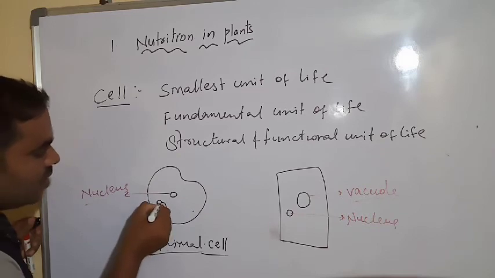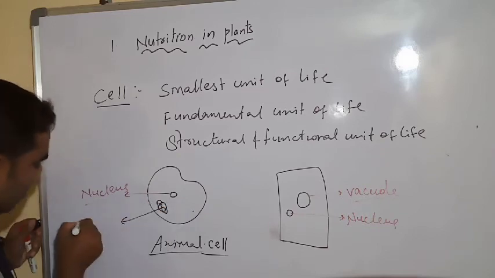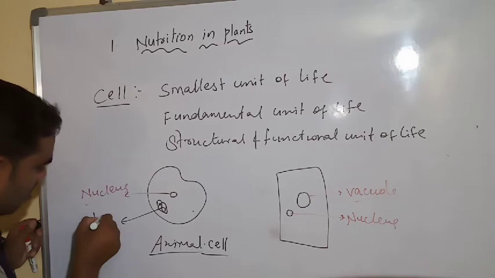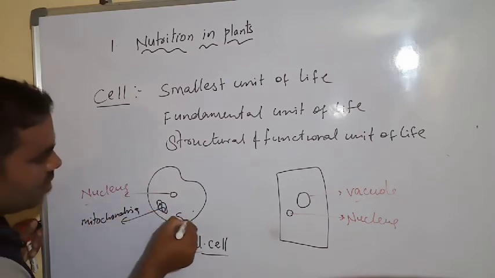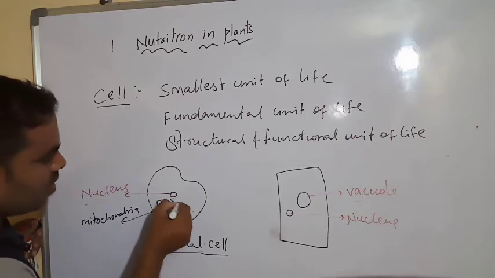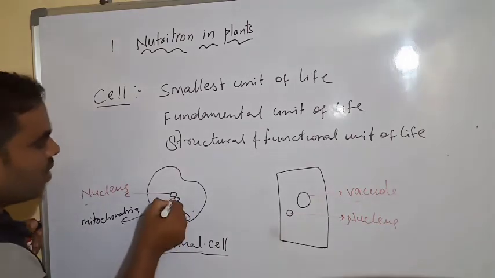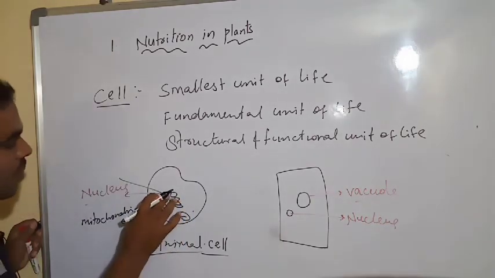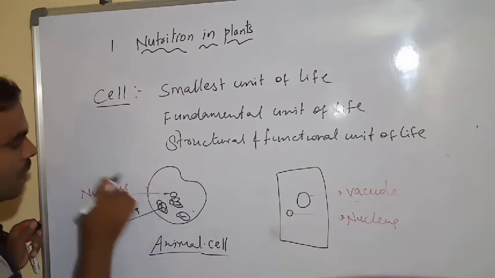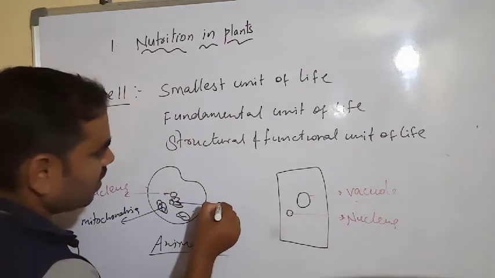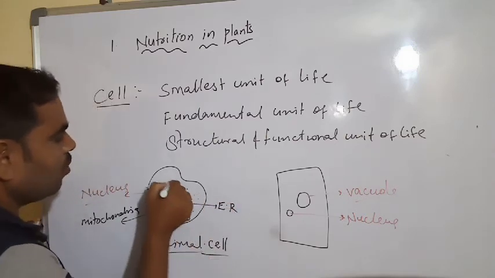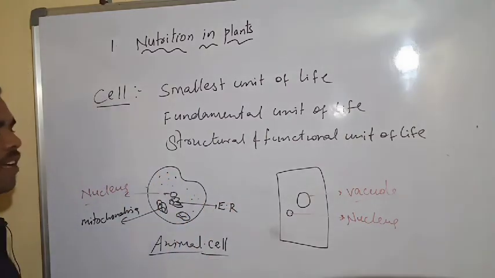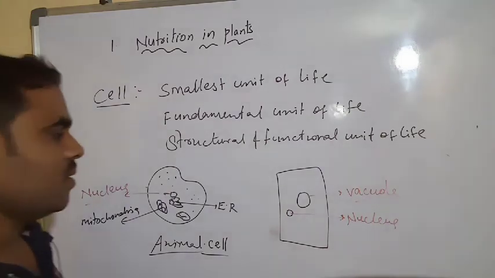Inside the cell there are so many cell organelles. For example, this is mitochondria, and this is endoplasmic reticulum, ER. We also have ribosomes, lysosomes, and vacuole.